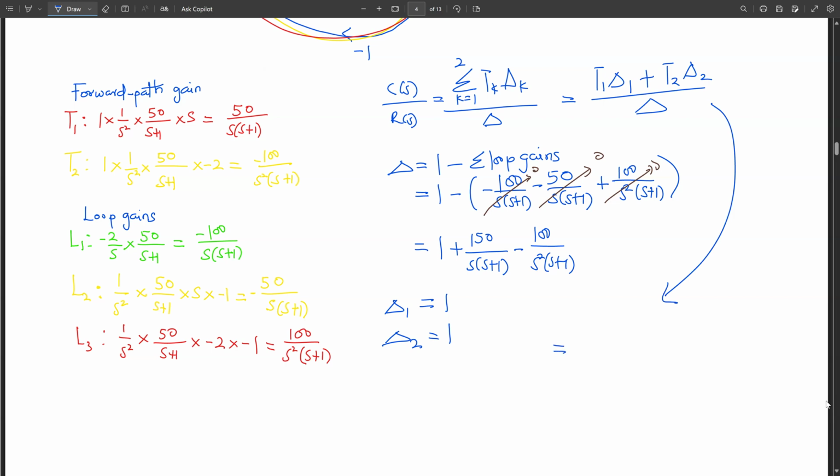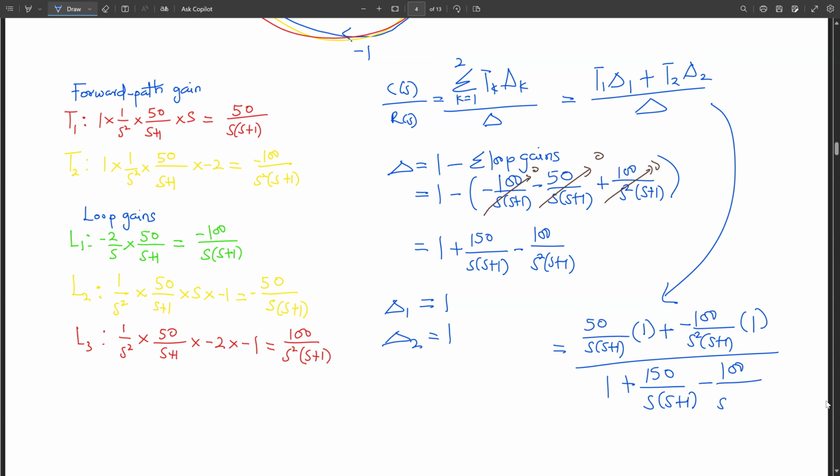T sub 1 is 50 over S plus 1 multiplied by delta 1, which is 1, plus T sub 2, which is minus 100 over S squared (S plus 1), multiplied by delta 2, all over delta, which is 1 plus 150 over (S plus 1) minus 100 over S squared (S plus 1).